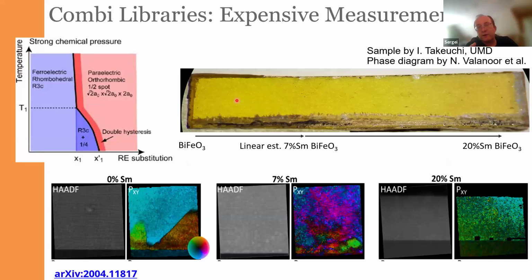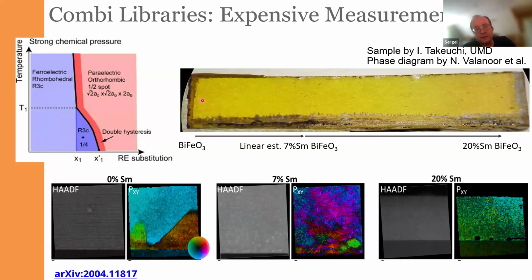The examples where they can be encountered in real-world scenarios are very straightforward. For example, if we work with combinatorial libraries deposited by the compositional spread approach, they encode all the physics of the material. However, if we want to access it using electron microscopy, the measurements are very expensive.